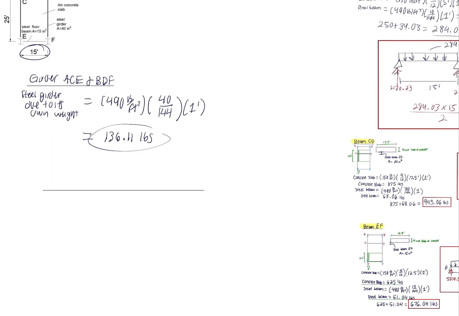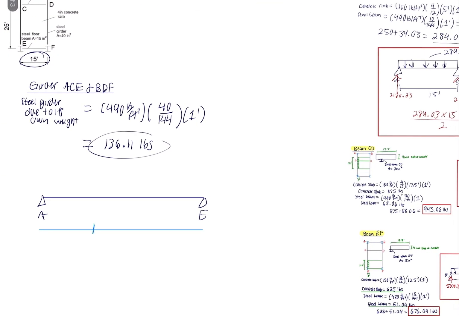We will then draw the girder. This will be A, and this will be E. And then please take note of the length of the girder, which is going to be 25 plus 10, which is 35 feet.